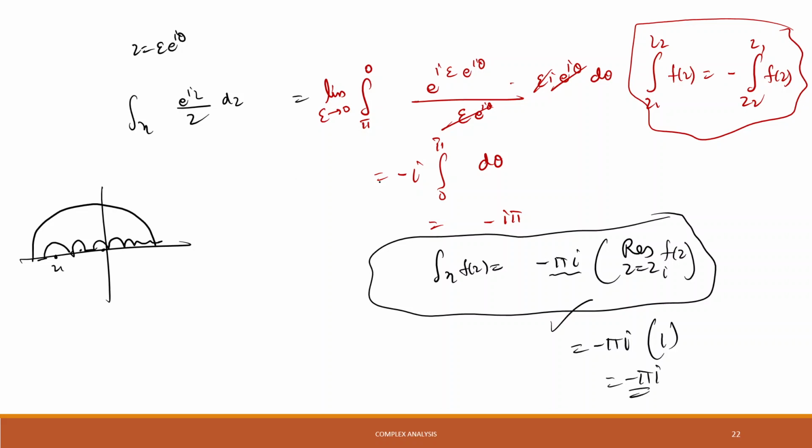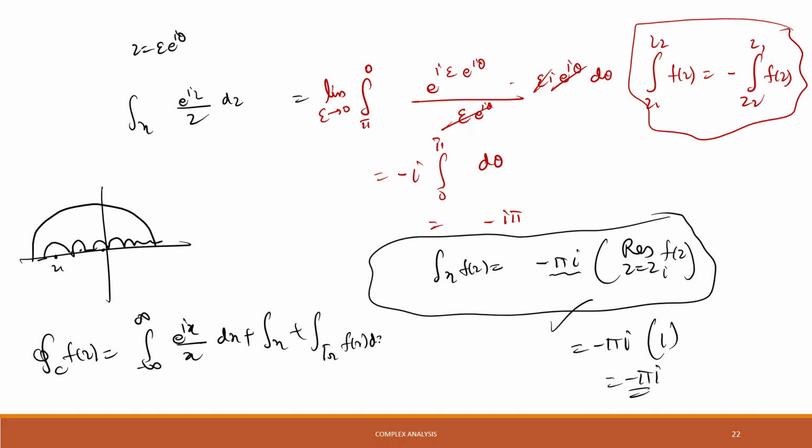Okay, the formula which we are using is valid, so we will get the contour integral of f(z) equals the integral from minus infinity to infinity of e to the power iota x upon x dx, plus the integral over gamma plus the integral over gamma R of f(z) dz.